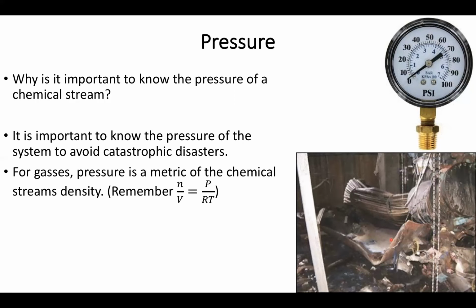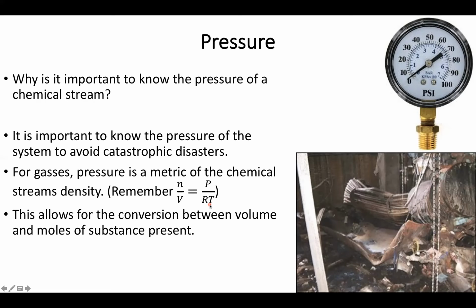And remember, for gases, as long as we're operating near ideal conditions, we can use the ideal gas law to help convert between essentially molar flow rates and pressure temperature ratios.